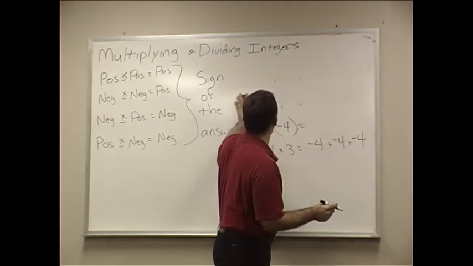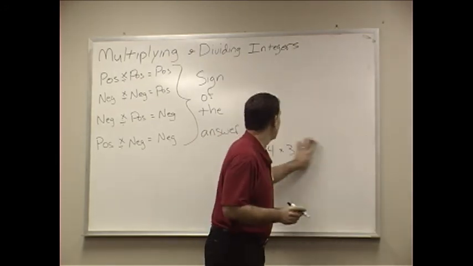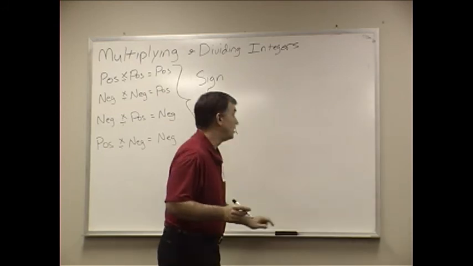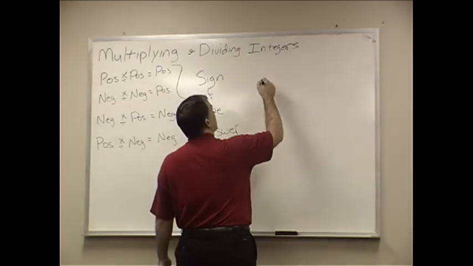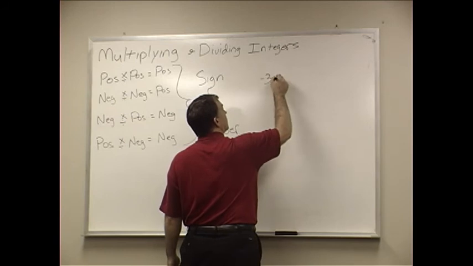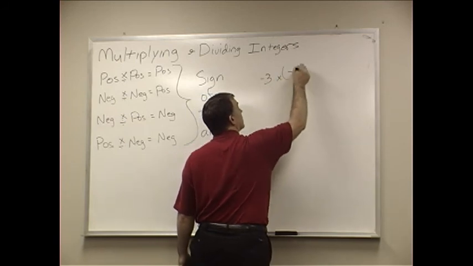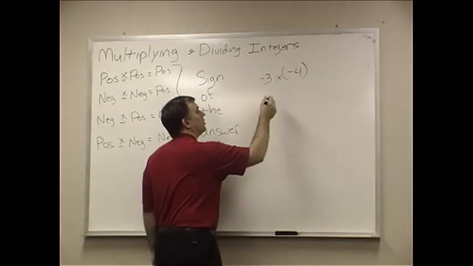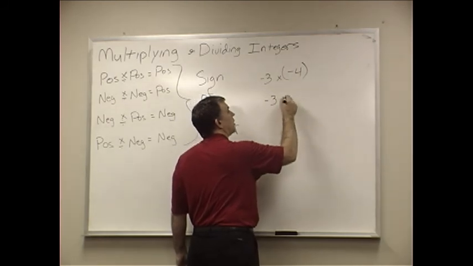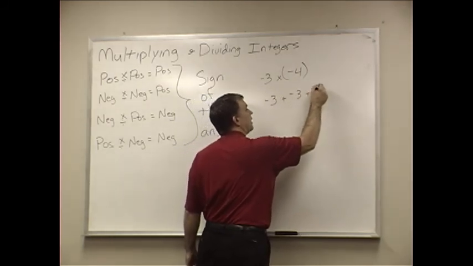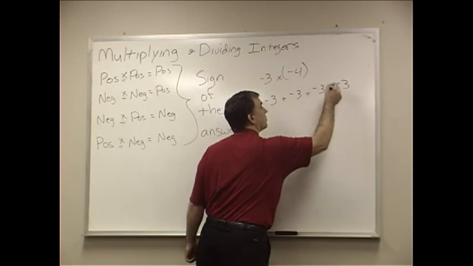The previous explanation still applies. The last one is a little bit more difficult to explain. You just have to really think of it as opposites. So negative 3 times negative 4. It's going to be negative 3 plus negative 3 plus negative 3 plus negative 3.